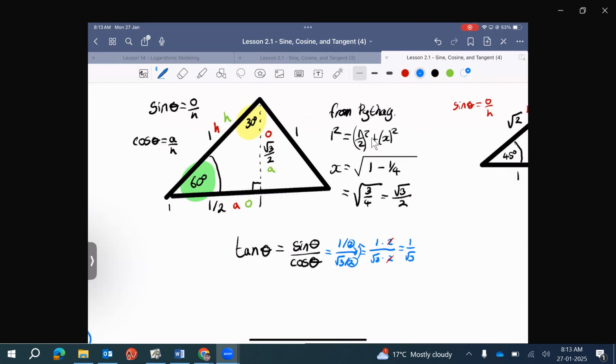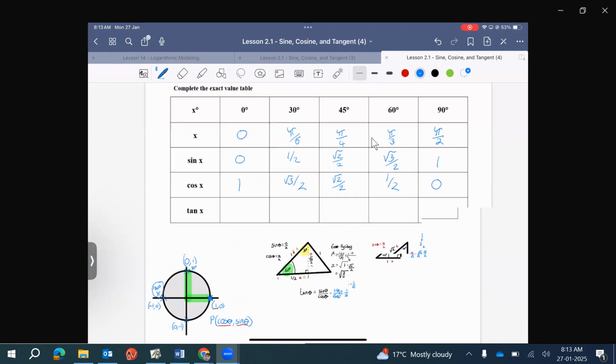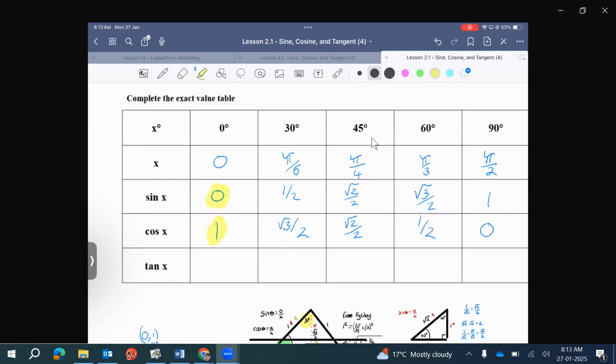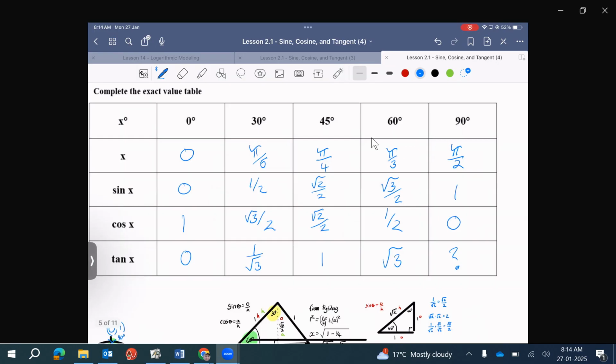So if you take the sine and divide it by the cosine, 0 divided by 1, 1/2 divided by root 3 over 2. Notice the denominators are always the same, so they cancel. You get 1 over root 3. Here you get root 2 over root 2. Here you get root 3. Here you divide by 0, which is not defined. This is the exact value table.